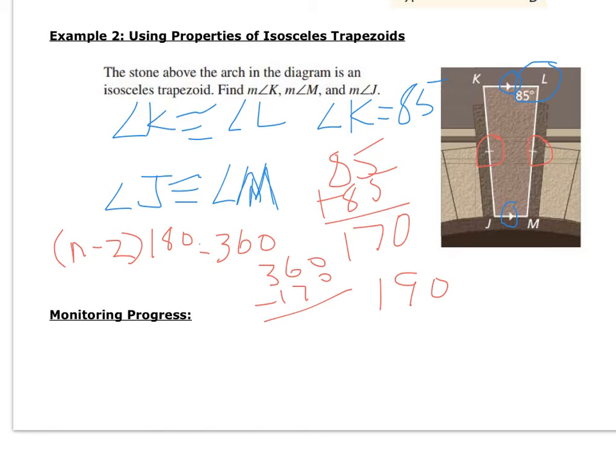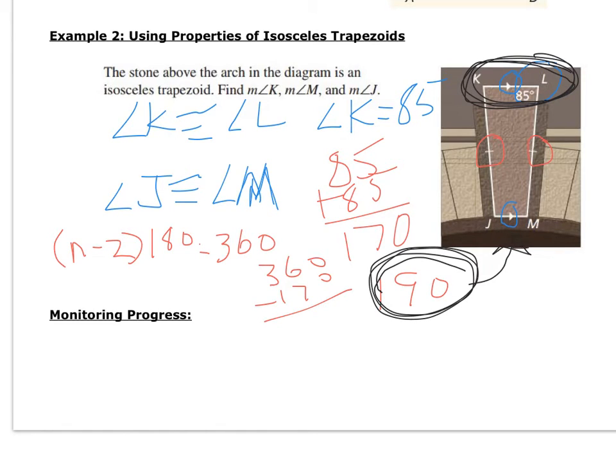Let's talk about this for a little bit. I have 170 degrees in these two angles. I have 190 degrees, I'm circling in black right here, that has to go into those two angles. And aren't those two angles, angle J and angle M, congruent? So doesn't that 190 degrees have to divide up equally into those two angles?